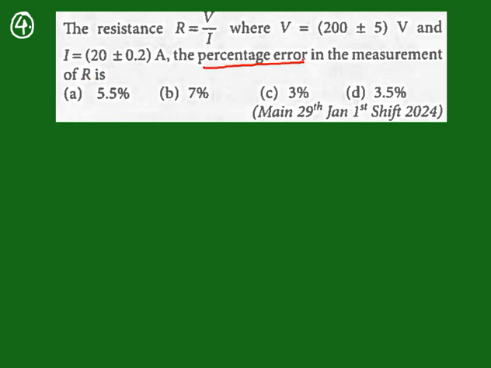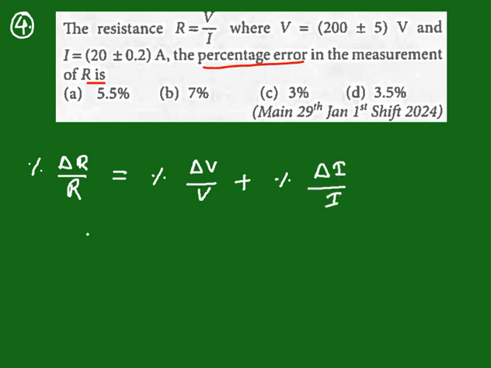We have to calculate the percentage error in measurement of R. So calculating the percentage error in measurement of R, we can write the percentage error in measurement of V plus the percentage error in measurement of I. So the percentage error in measurement of voltage: delta V is 5 volt.